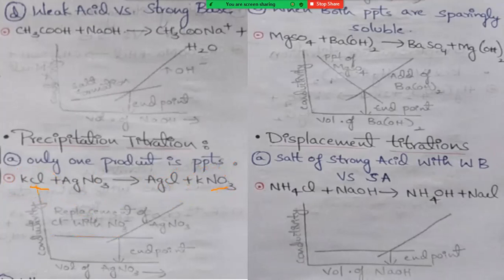But the Cl- conductivity is almost equal to the NO3- conductivity. So the conductivity values of potassium chloride and potassium nitrate are almost similar, and we cannot see any incremental growth of conductivity. That's why we get a plateau, right?